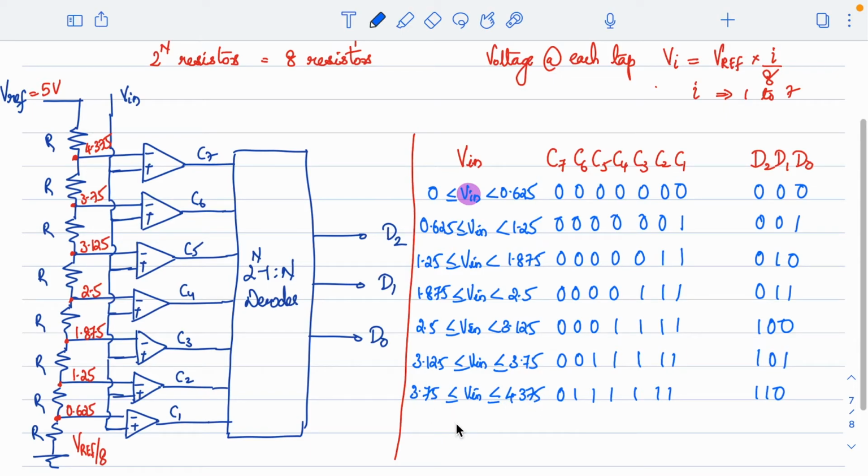Now for any input voltage from 4.375, input is less than this condition, right? We can write in this way only. When your input is less than this condition, we can say that for the last comparator, right? Because look at this, whenever your input is lesser than 4.375, sorry, yeah, this is 4.375.